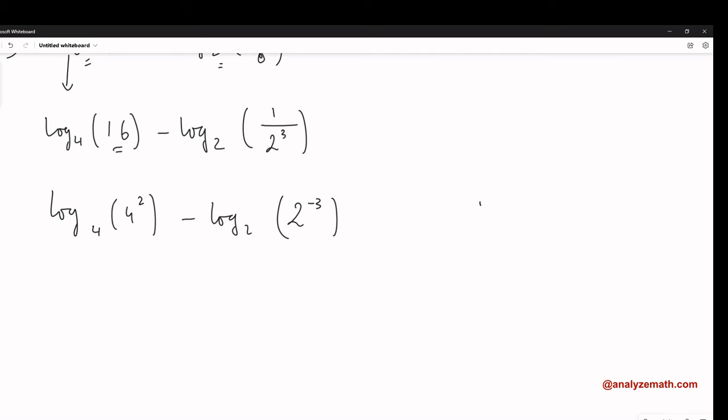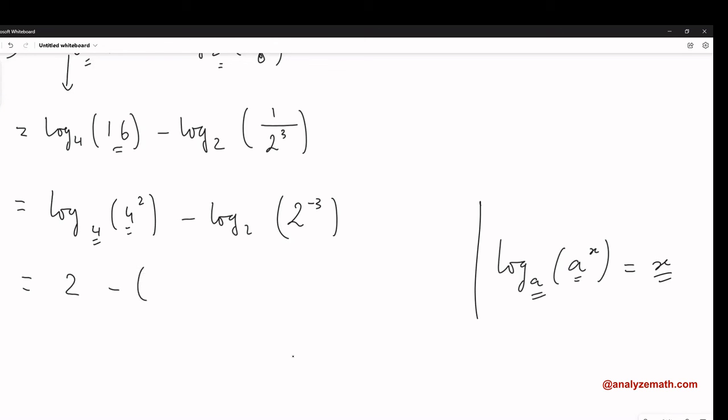We know that log of a to the power x simplifies to x, as long as this a and this a are the same, which is the case here. So that gives me 2 minus, this and this are the same, so that gives me minus 3, and all this gives me 5. So this is the final answer for the expression in part C.